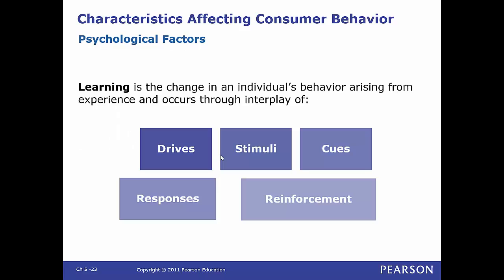Learning is also another psychological factor that affects our decision making. We can define learning as the change in behavior that happens as a result of the experience of the consumer. In learning, we can link between the different needs in order to understand why learning is important in marketing.